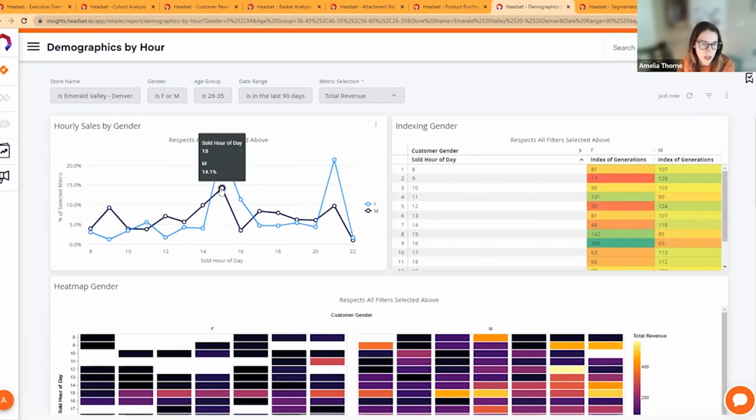Males that are in the millennial age group are most frequently shopping around 3 p.m. And sometimes they come in around, oh God, what hour is that? I'm so bad at 24-hour conversion. It's sometime in the evening. So you can look at these little line charts to see when they're coming in most often. Same situation with this indexing gender, just displayed in a different format.